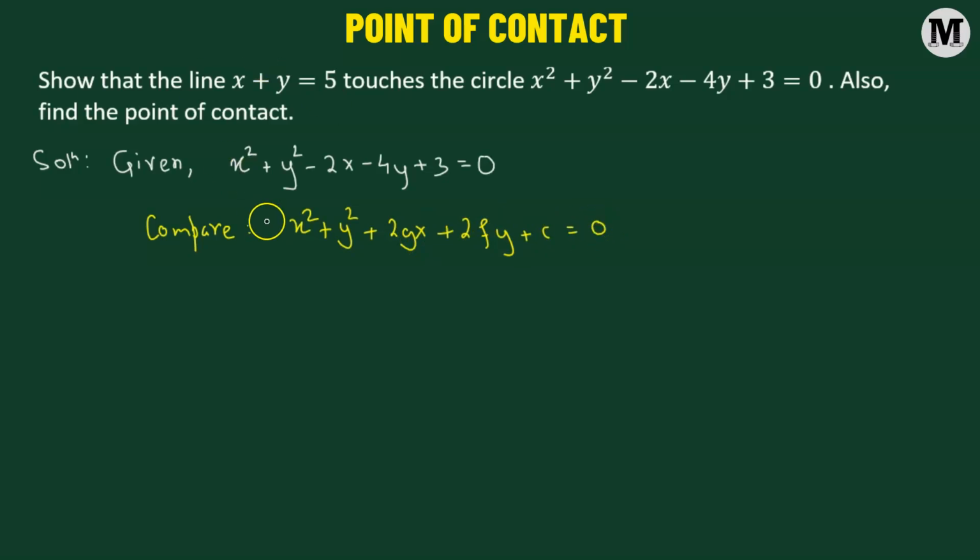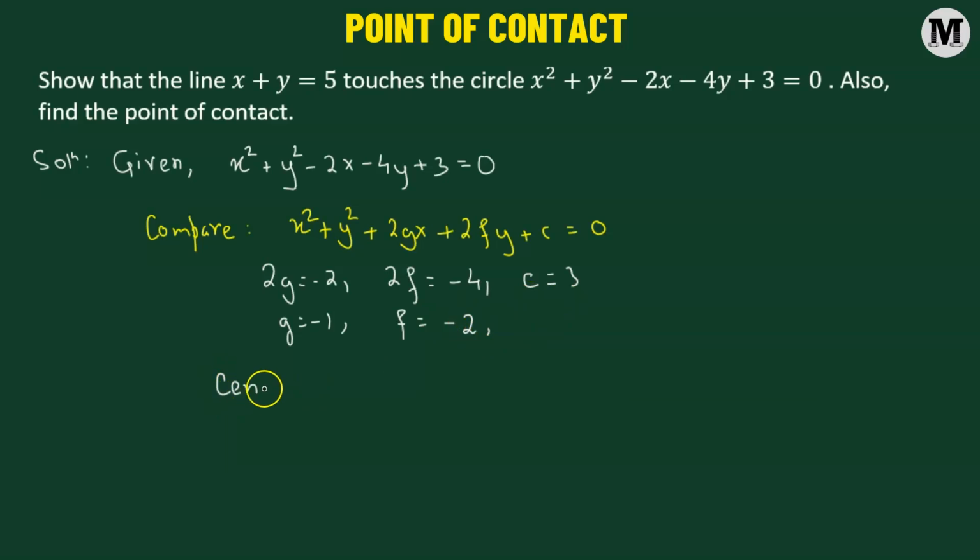So this gives us 2g equals negative 2, 2f equals negative 4, and the value of c comes out to be 3. Now g comes out to be negative 1, f will be equal to negative 2, and c stays as 3.